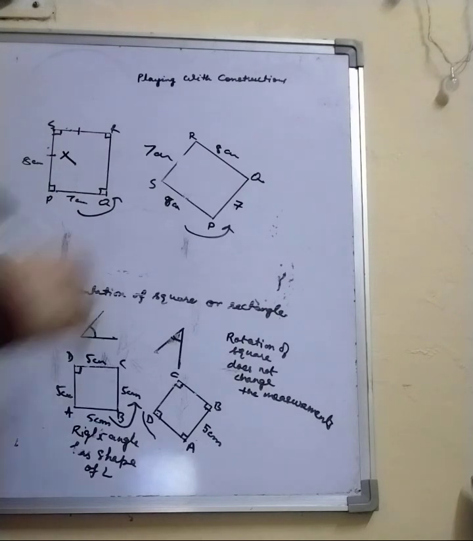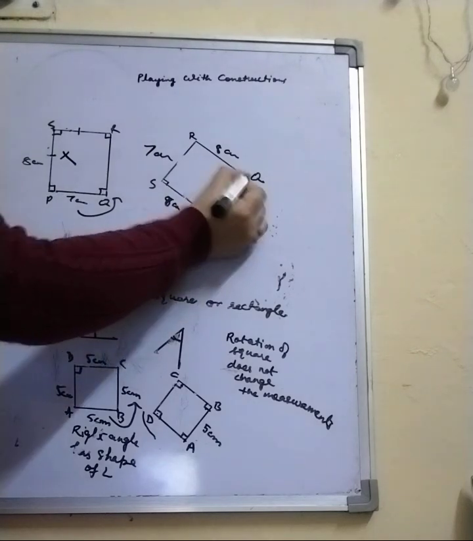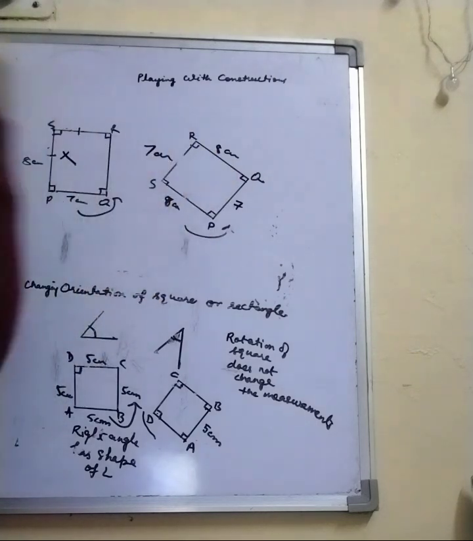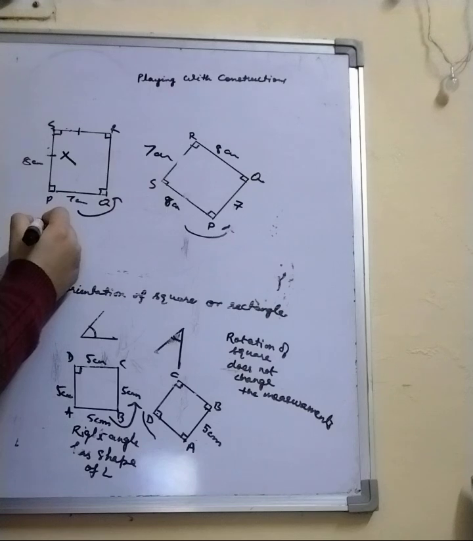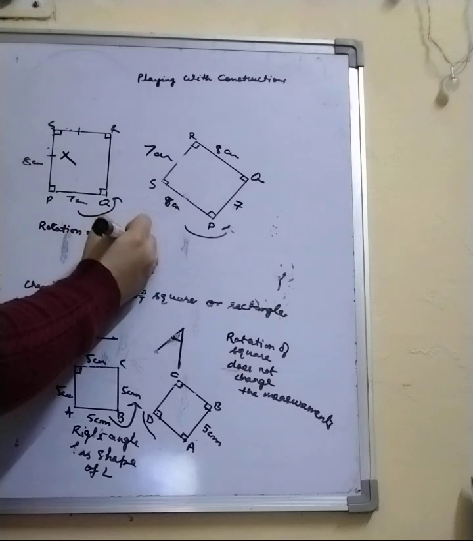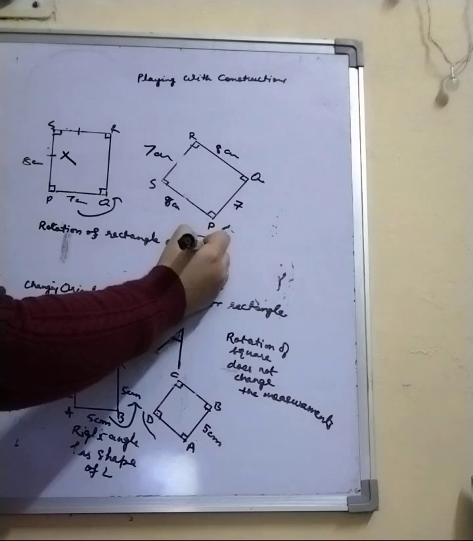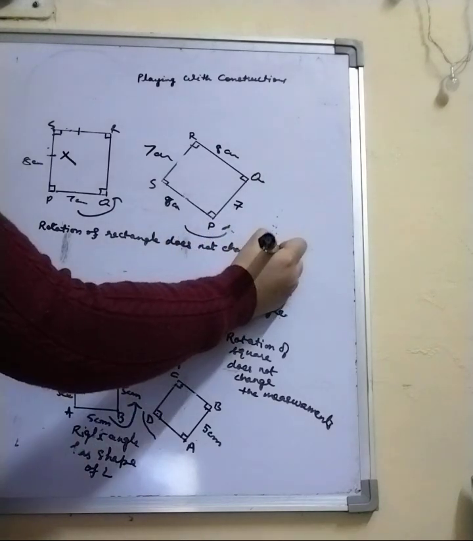So likewise, if you rotate a rectangle, the measurements do not change. The angles remain 90 degree. The line segments' length remains same. So rotation of a rectangle does not change measurement.